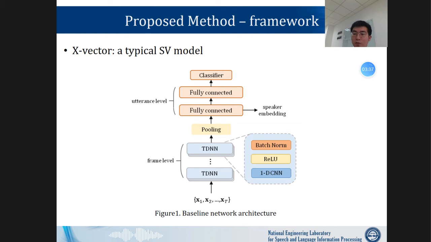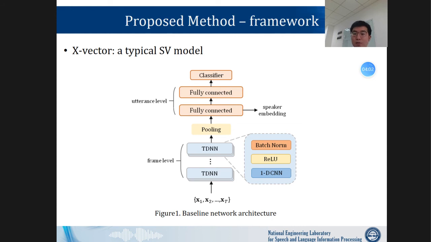As we know, the TDNN layers could be implemented as one-dimensional convolutional neural networks, where the filters slide along the time axis.